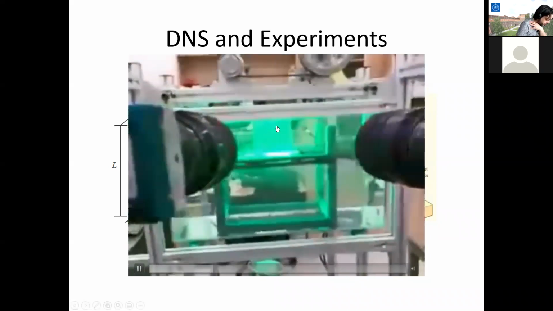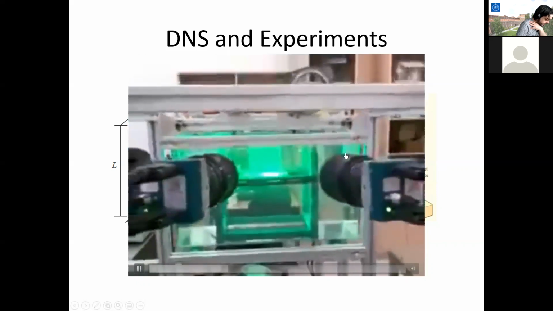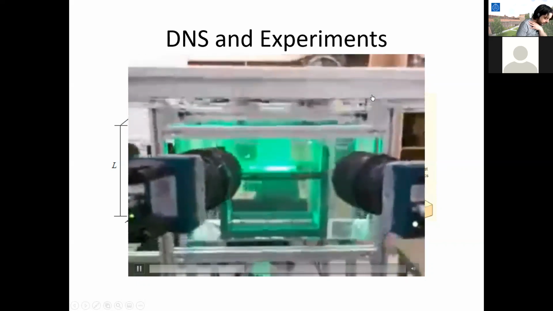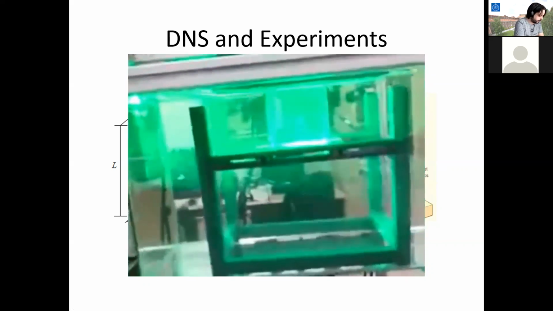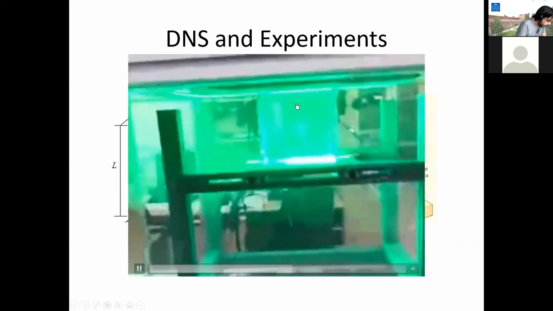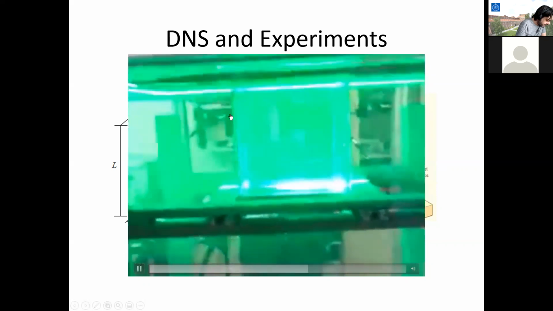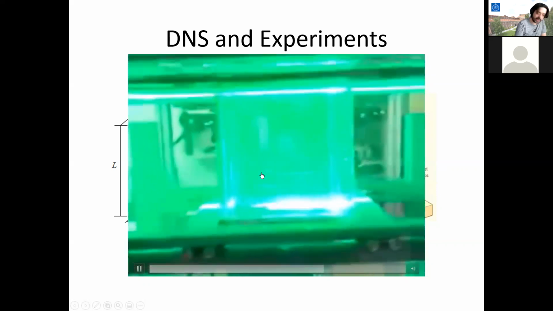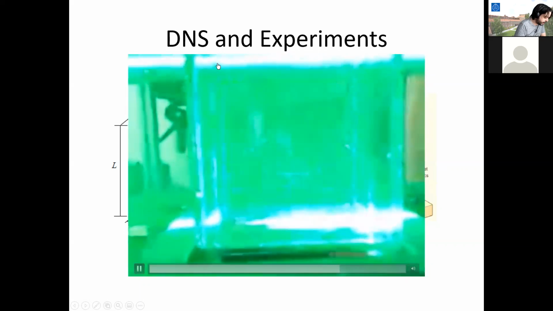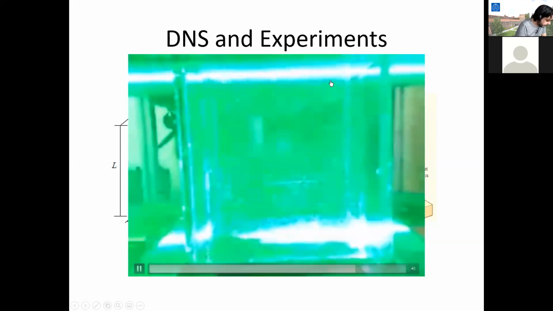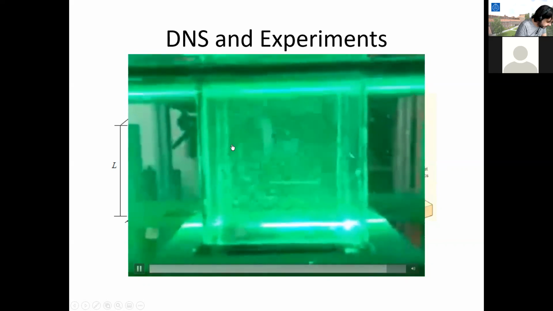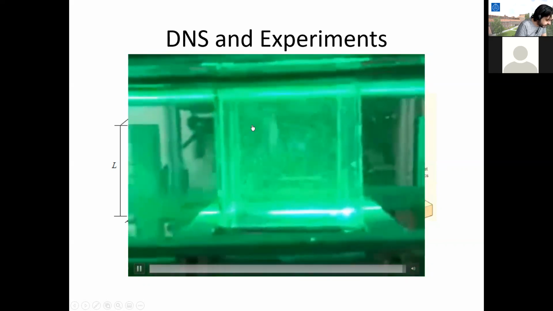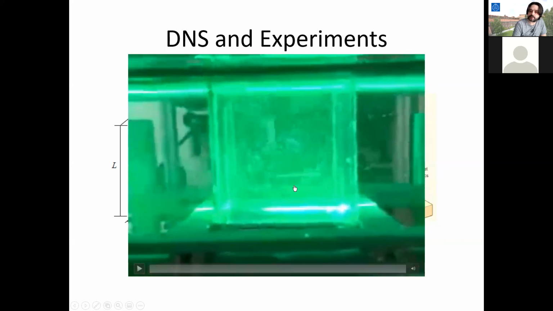That means that on top of the domain, we have a belt that is moving, which essentially moves the upper wall up here. And inside this little box, you will then have a flow pattern emerging with the upper wall moving. It's very difficult to see, but you see how there is a rotating motion inside this cavity.